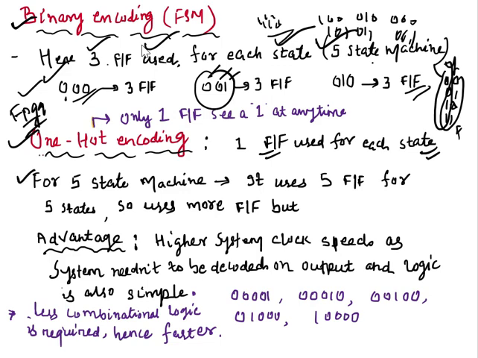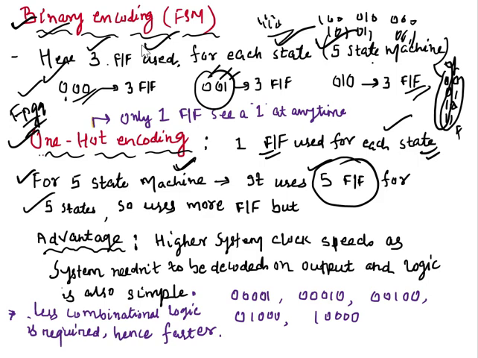So for a 5 state machine, it uses 5 flip-flops for 5 states. You have to remember this in one hot encoding. So what is the difference here?